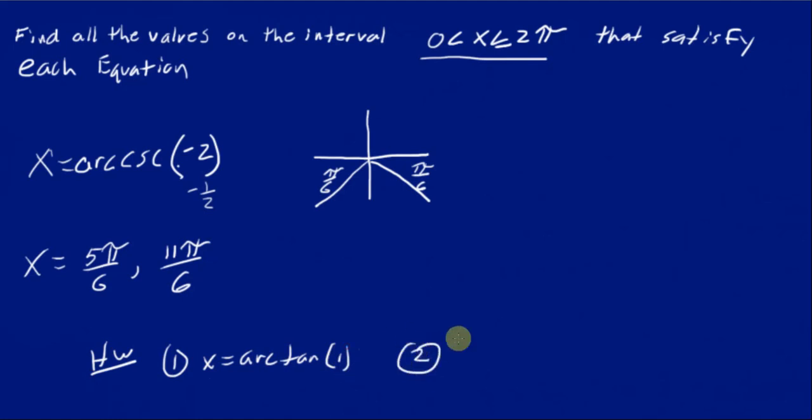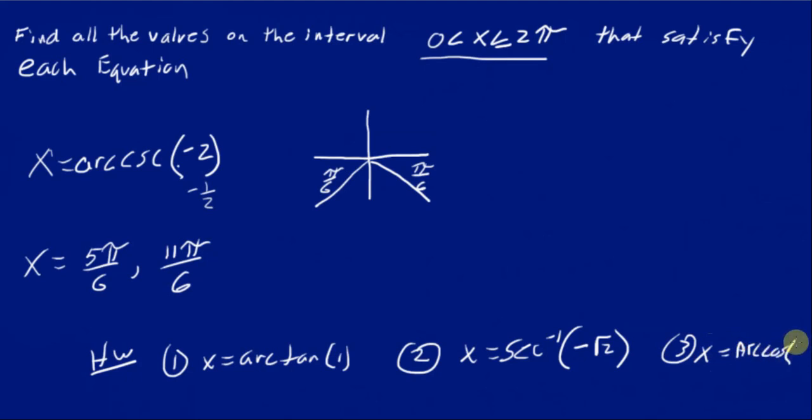Number 2, x equals the inverse secant of negative root 2. 3, x equals the arc cosine of root 2 over 2. And finally, number 4, let's do x is equal to the inverse cotangent of root 3. All right, so that will be your 4 homework.